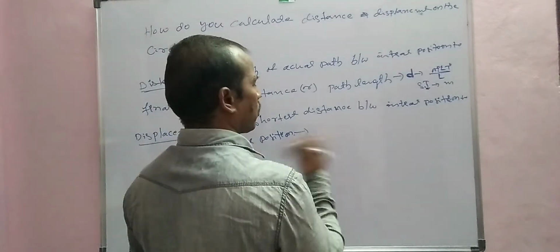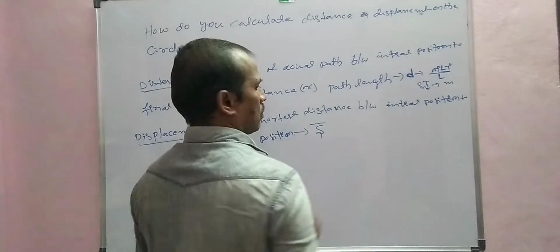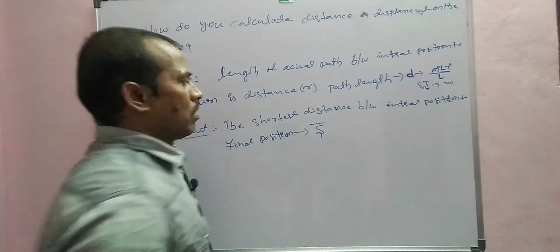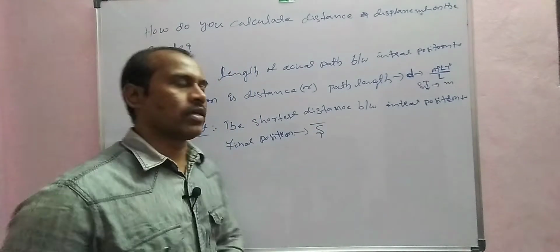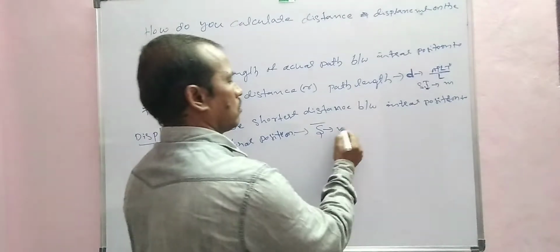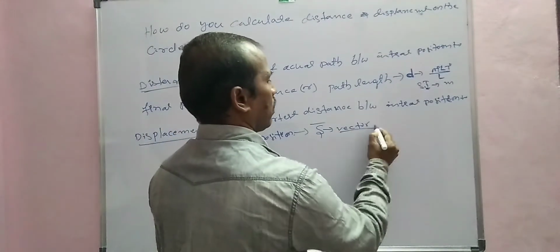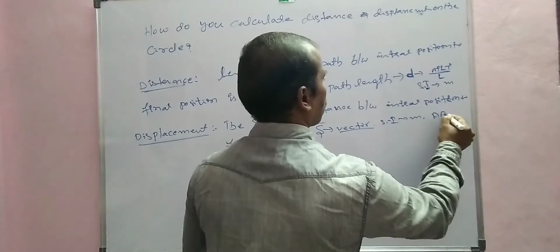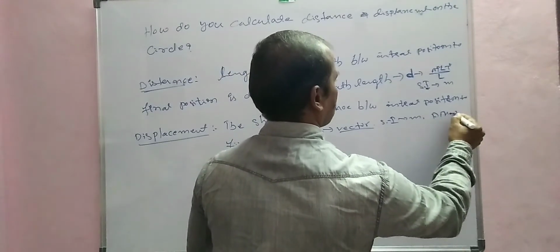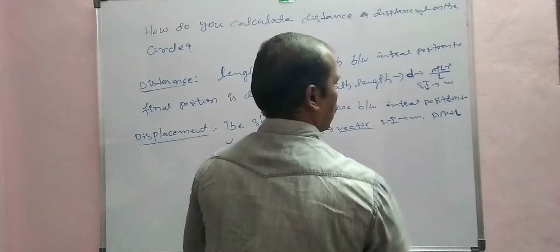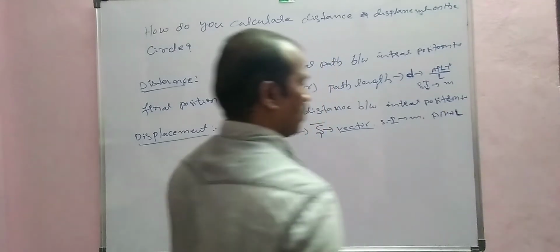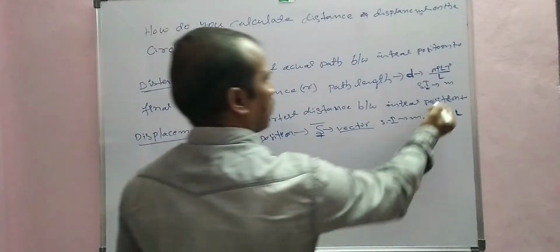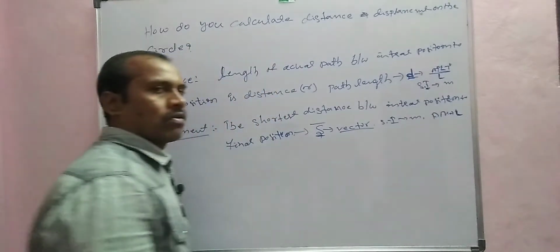It is denoted by capital S with a bar, which means it is a vector quantity. The SI unit is meter and the dimension formula is L, length. Displacement is a vector quantity, while distance is a scalar quantity.